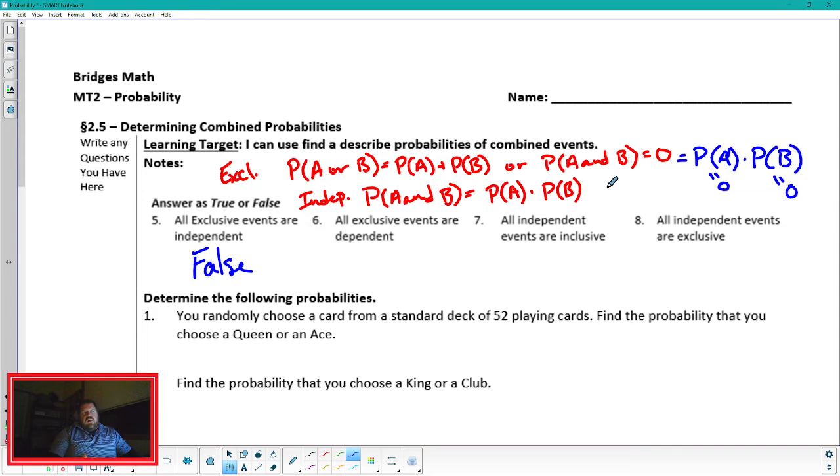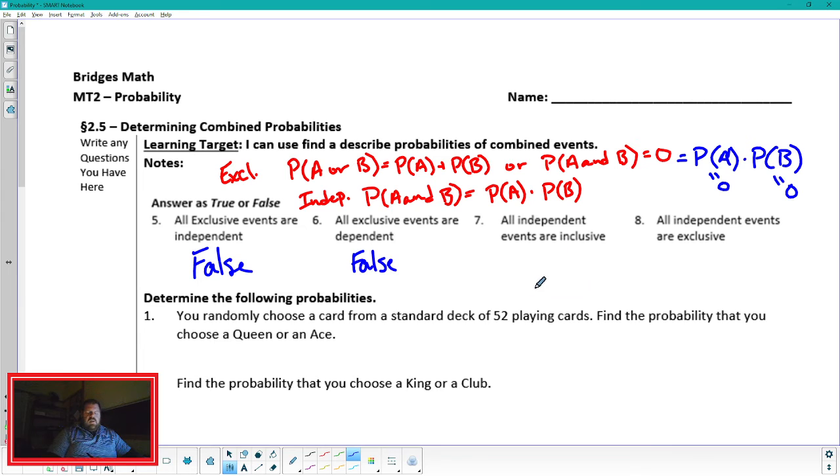I can find times that does work. Flip a coin. Event A is it lands on heads. Event B is it lands on tails. Those are definitely exclusive. They're also dependent, but that's not always going to be the case, especially with exclusive events. So that one's also false.